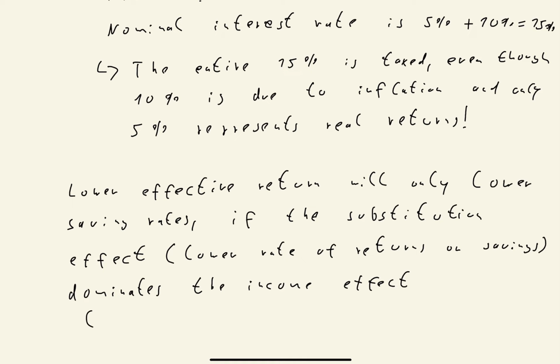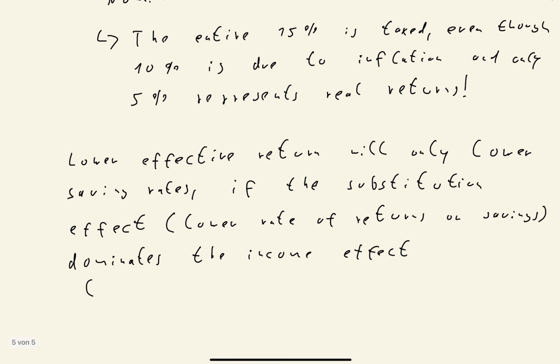So the income effect here is basically that people, if they want to have a particular amount of consumption in the next year or in the next time period, would need to save more because of the lower rate of return in order to meet the standard. Therefore, one effect could also be that people increase their savings due to this income effect, because they want to make sure that they, for instance, have a particular amount of pensions when they stop working.